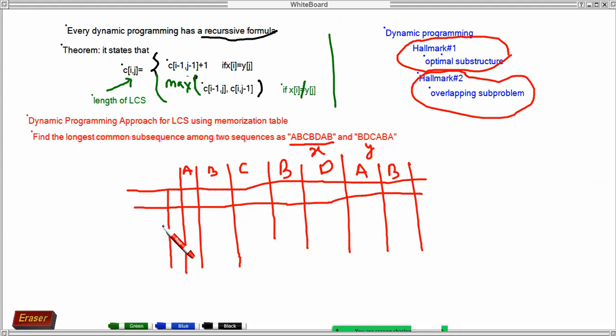This is 0, this is for x, pointing across. Similarly there will be y, pointing down.